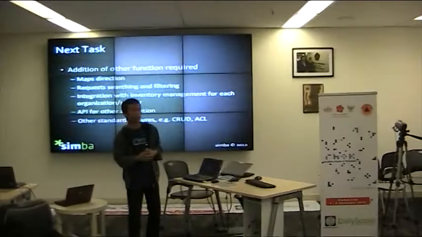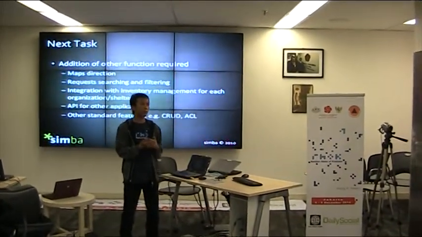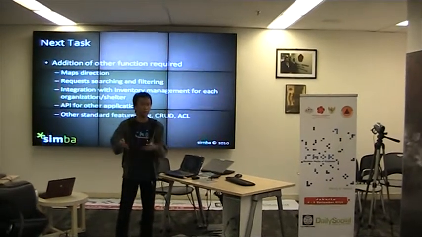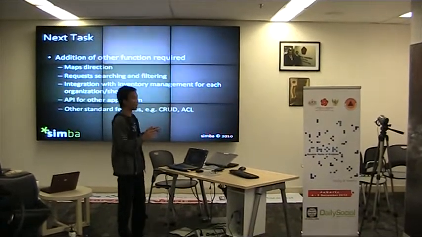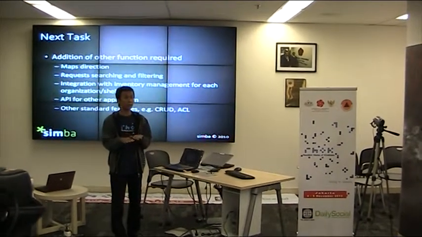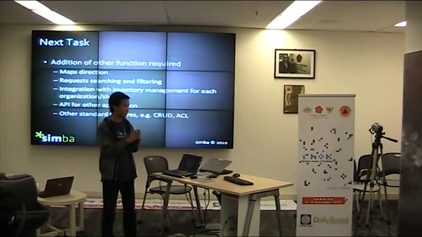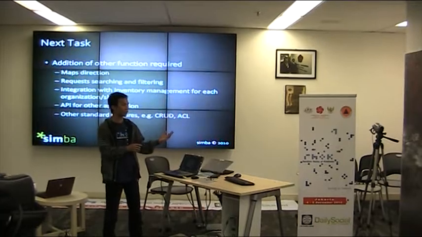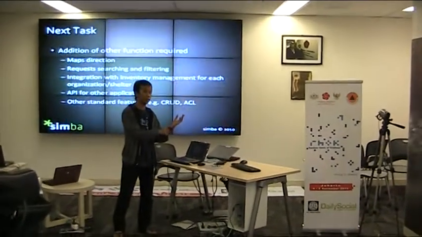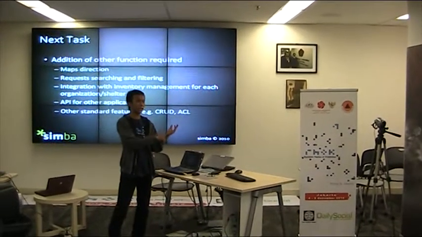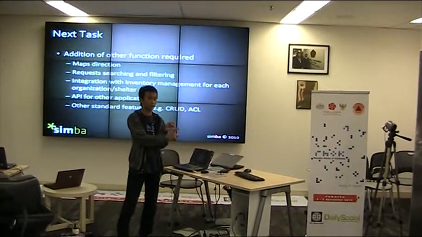I can answer the first question. Our problem is that there are surplus shelters and lacking shelters, right. And we hope that with this application it doesn't happen. In this application we can put that one shelter has maybe 100 refugees, so they need only 100 nasi bungkus for meal time.